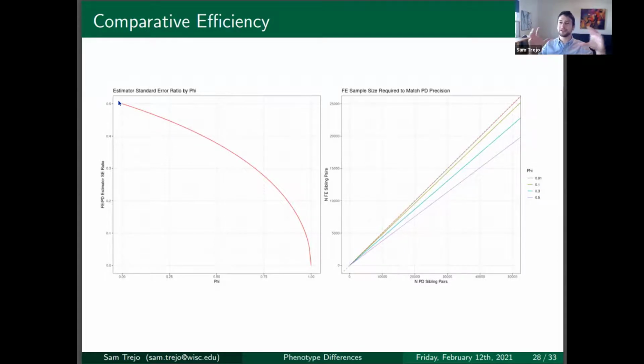So this is like, what if we took the same data set and ran fixed effects, and then we threw away one of the siblings' genotypes and ran phenotype differences. And then as the size of the genetic effects gets bigger, you do worse and worse compared to fixed effects, which makes sense, because you're not properly modeling the genetic effect on the outcome.